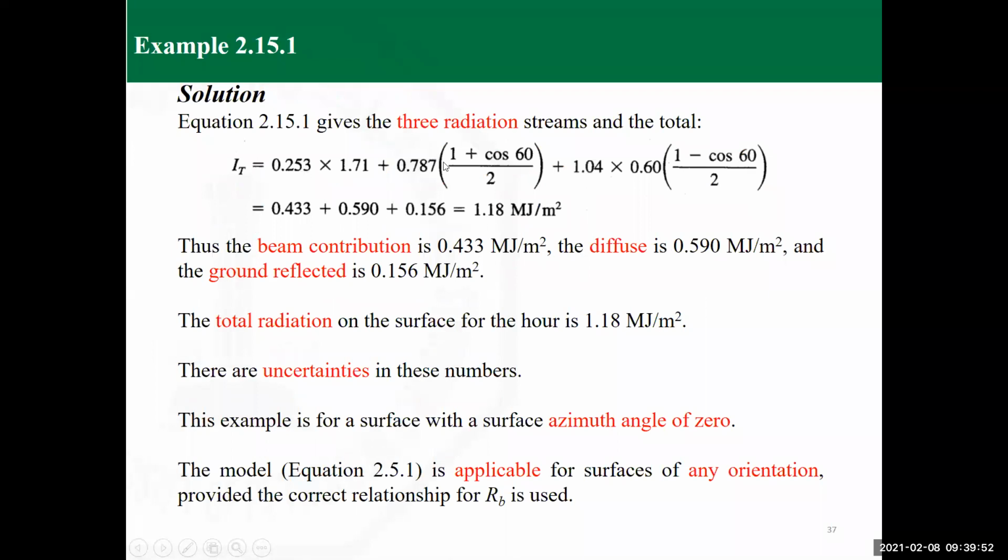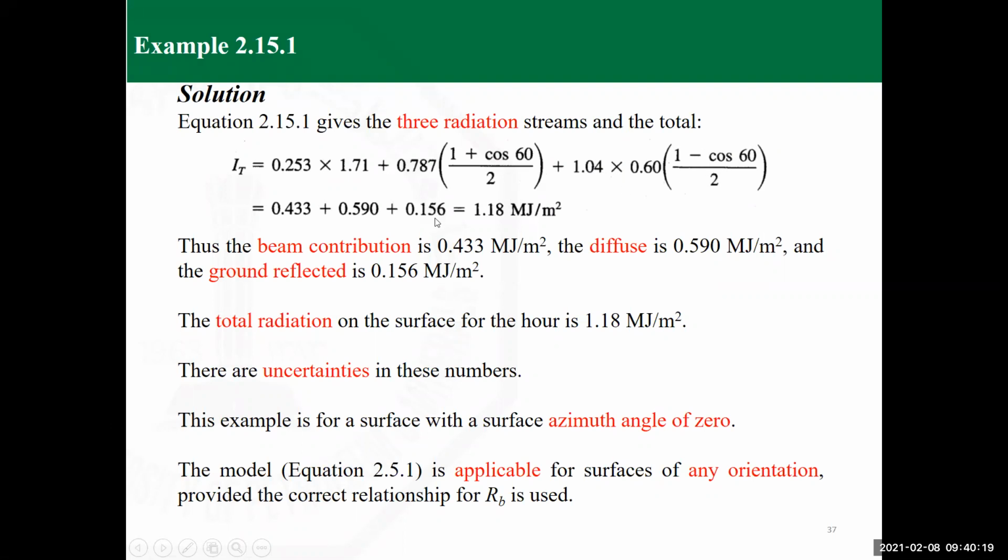Now the three components that we have. This is the beam component, which is a fraction of 0.33. This is the isotropic expression, which is 0.787 times (1 plus cosine beta) over 2. The value is 0.59. And finally, this is the reflected radiation coming from the ground.